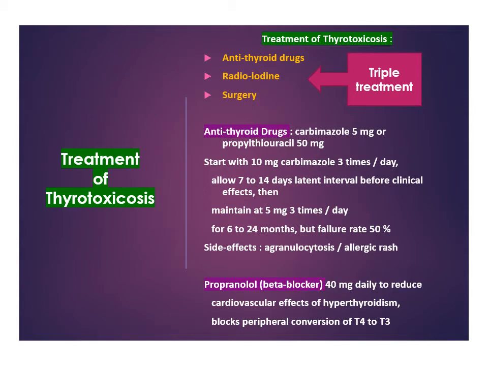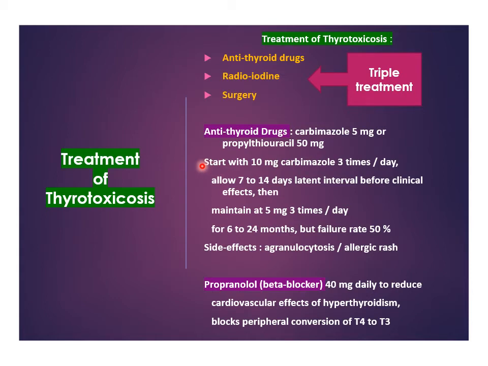Now, the treatment of thyrotoxicosis. There is a triple treatment: antithyroid drugs, radioiodine, and surgery. Antithyroid drugs include carbimazole 5 or 10 milligrams or propylthiouracil, PTU, 50 milligrams.